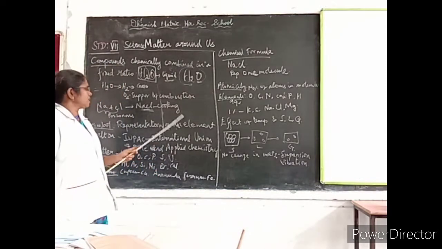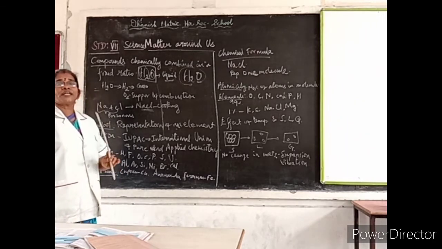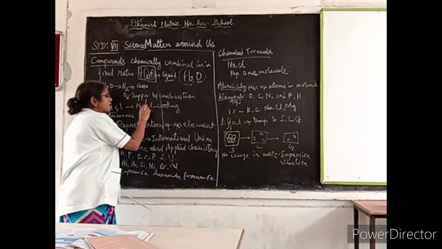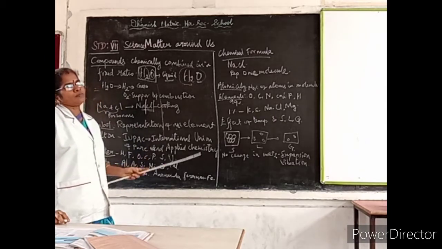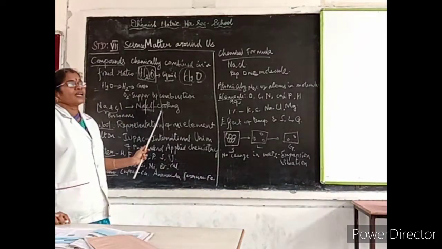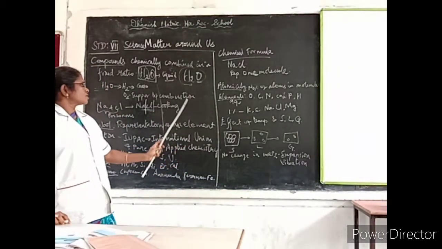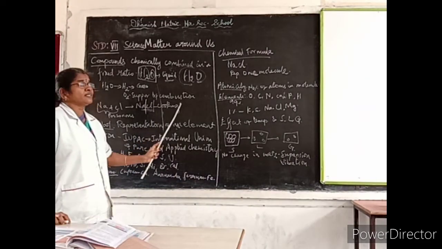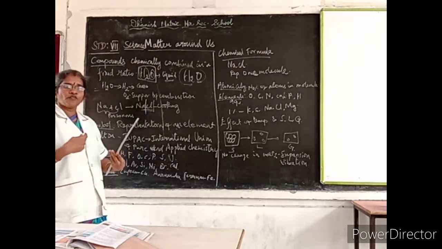Sodium chloride is one atom of sodium and one atom of chlorine combined to form sodium chloride. This sodium chloride is used for cooking, that means we take it as food.